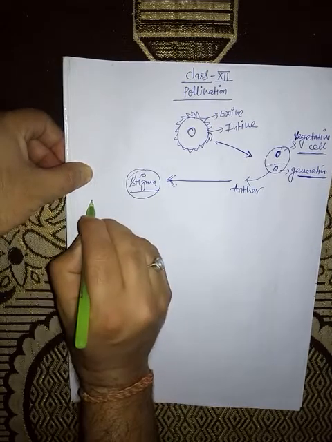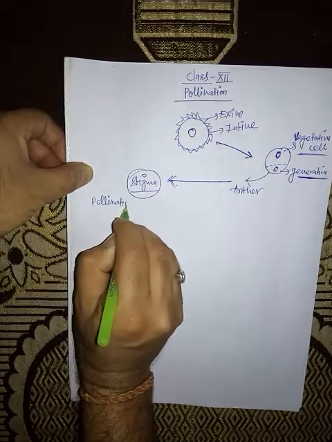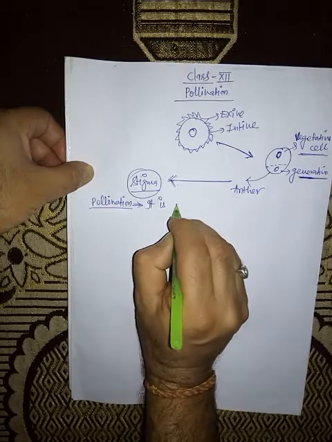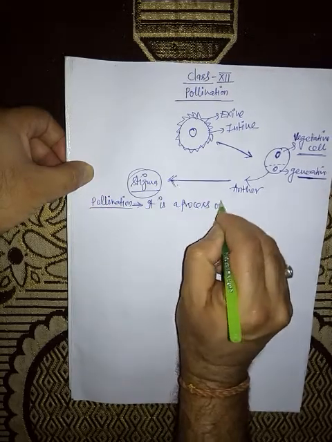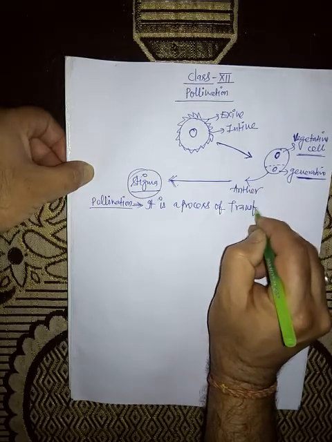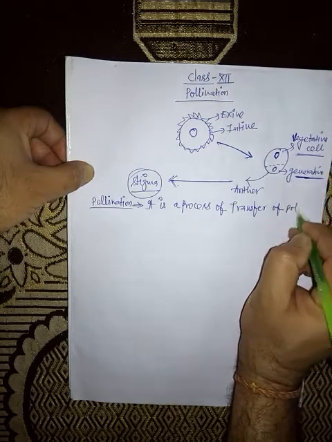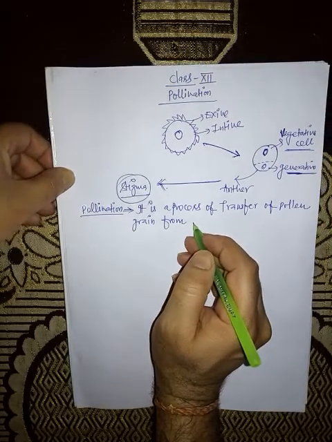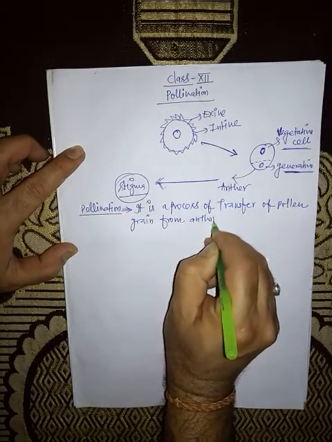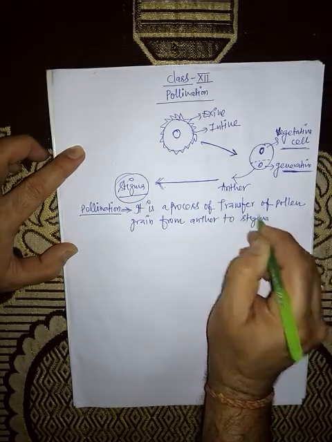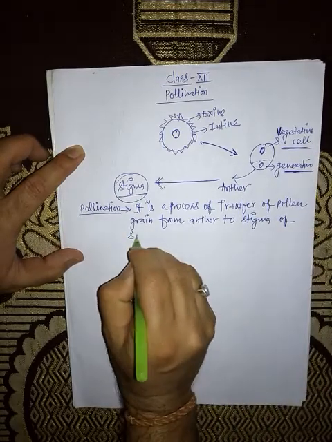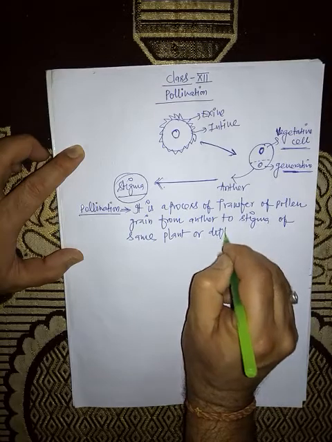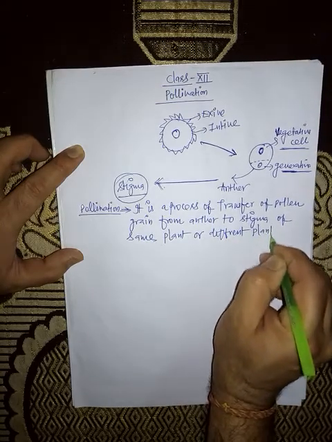So first I am writing the definition of pollination. It is a process of transfer of pollen grain from anther to stigma of the same plant or different plant, right?